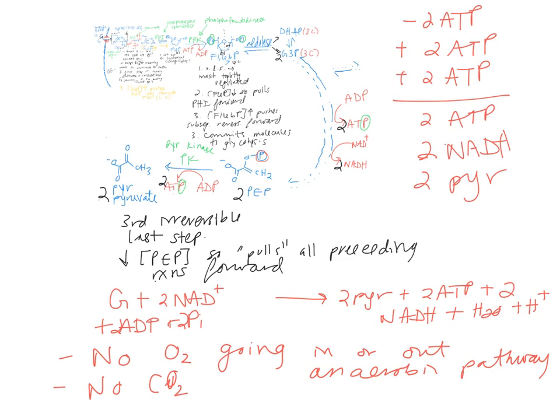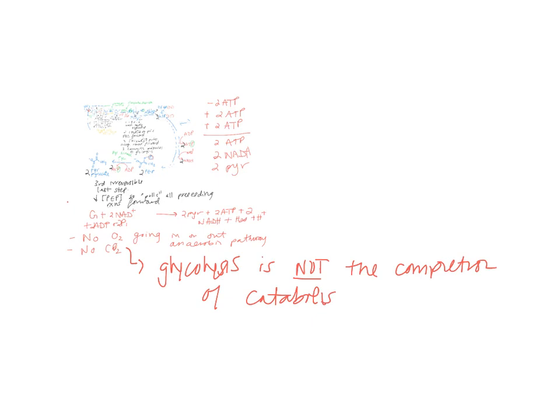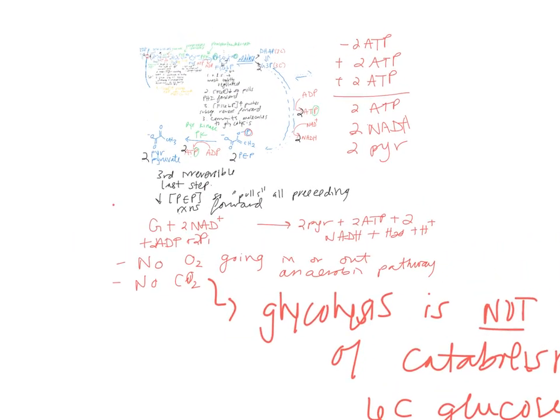So what we know is that glycolysis is not the completion of catabolism for a glucose molecule. If we put 6 carbons of glucose in, we're going to need 6 CO2s coming out somewhere, and we didn't generate a single CO2. So that pyruvate has to go on and do something else so that we can eventually get our CO2s back out. So let's talk about pyruvate.